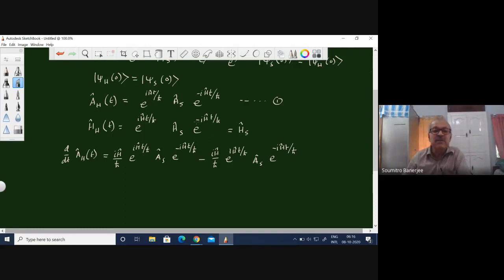So the first two differentiations are done. The third one will be the derivative of A S. So it is plus e to the power i H t by h cross, then the derivative of A S with respect to time. It can be a function of x also, therefore we have to take a partial derivative. And then you have e to the power minus i H t by h cross.